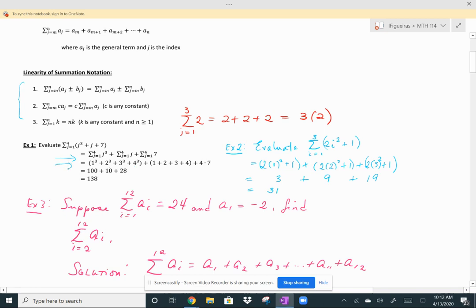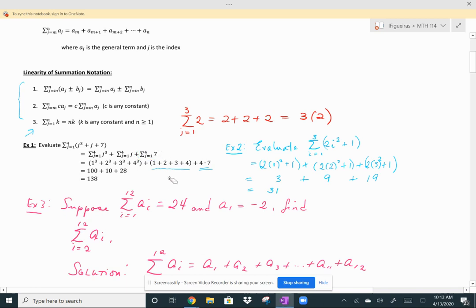So the first summation of j cubed from 1 to 4 is 1 cubed plus 2 cubed plus 3 cubed plus 4 cubed. And my second summation from 1 to 4 of j is right here, 1 plus 2 plus 3 plus 4. And now my last one, the sum as j goes from 1 to 4 of 7. Well, that's where I can use the third property. That just means I'm adding 7 four times, which is the same as 4 times 7.